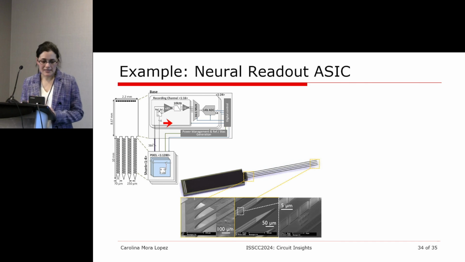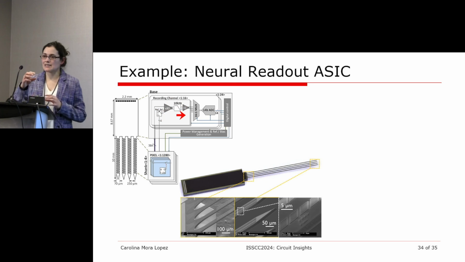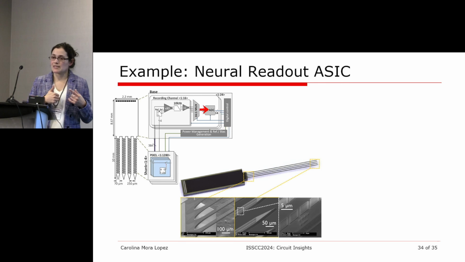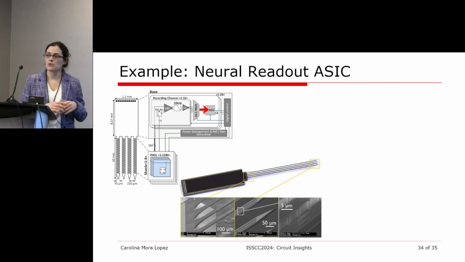What is different in this architecture is that you have your amplifier and filters, but instead of having an ATC for every channel, you want to multiplex several of these analog amplifiers into a single ATC. This is a way, for example, to optimize your area and power. So playing with time division multiplexing is also important, and there are many ways to do this optimization.